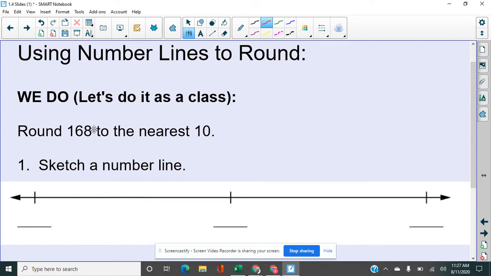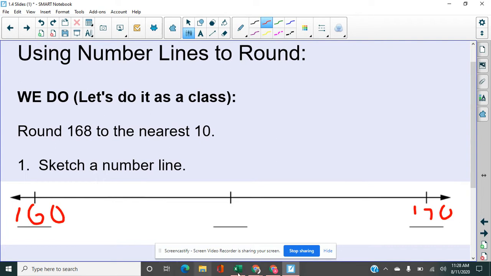So of the numbers that I said there, 168, right, if I think about the 68, that would be between 160 and 170. So if you want to, for just a moment, you can ignore the 1 and think, okay, so 68, well, that would be between 60 and 70. Now, don't ignore the 1 forever because, of course, that's very important. So this number is going to be between 160 and 170.